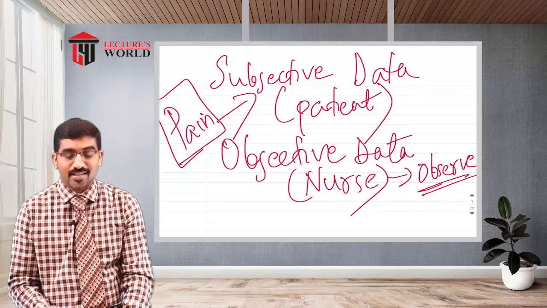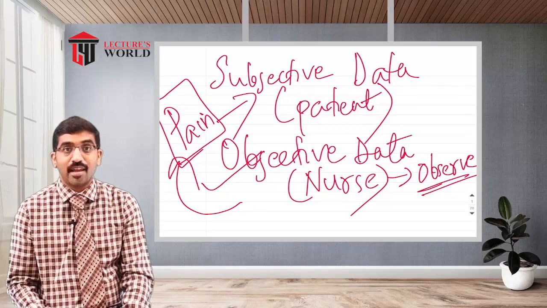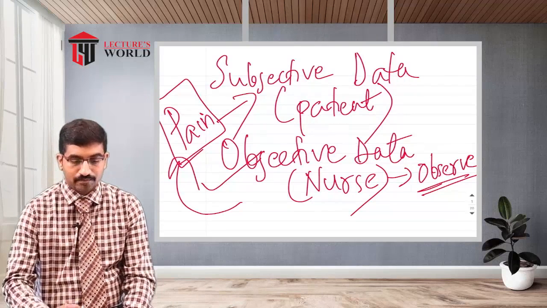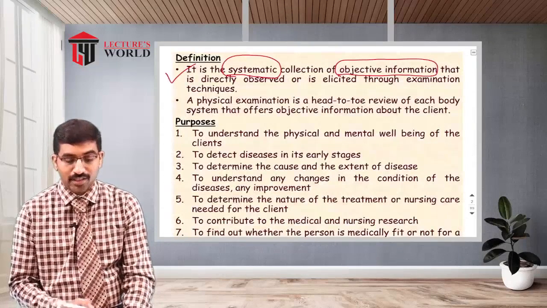Those things are known as objective data. Here the nurse will assess the pain, observe the patient and confirm the patient's pain. So that is objective information.